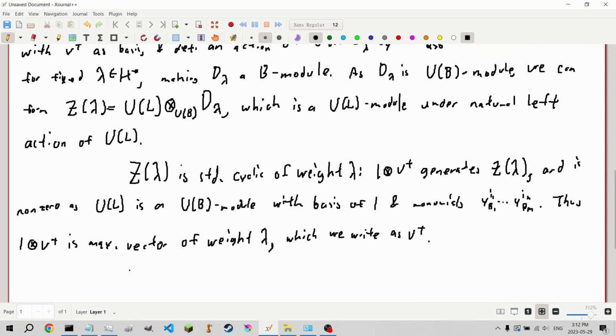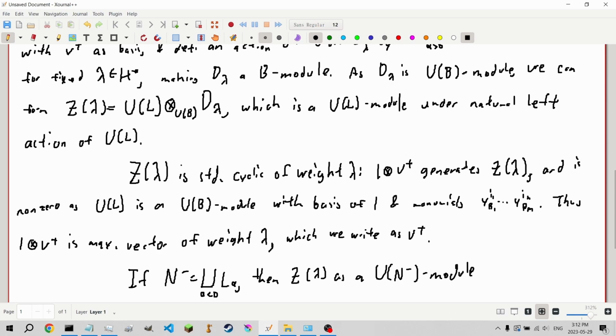From this we see that for n minus being of course the union of the negative root spaces, then Z lambda as a U n minus module is isomorphic to the universal algebra of n minus.